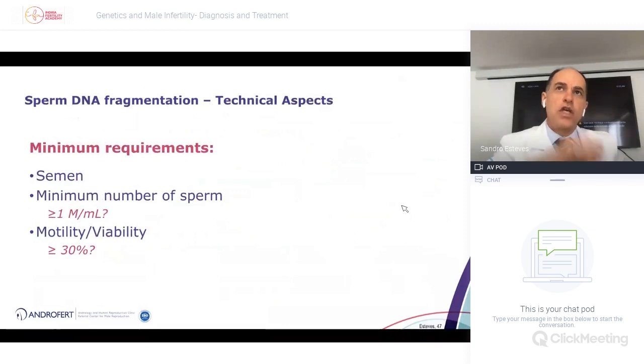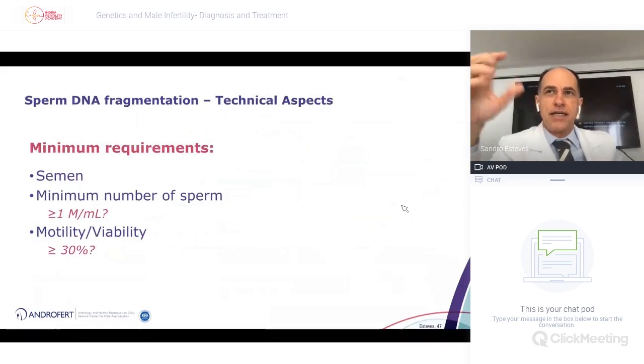Because if motility is too low or viability is too low, you will inflate sperm DNA fragmentation results in the wrong direction. You see a lot of DNA fragmentation related to sperm death, not actually the proportion of live sperm with DNA fragmentation, which might not be as high.